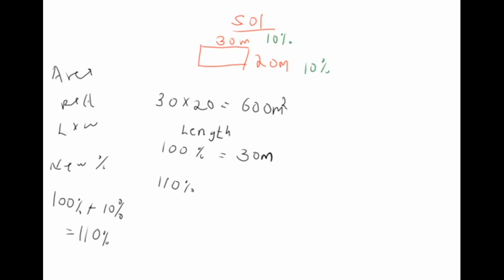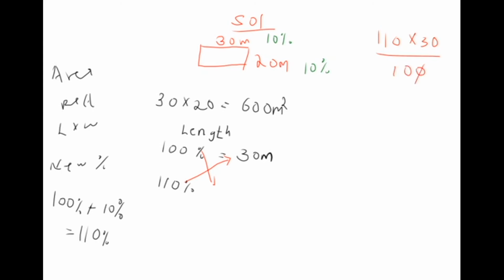From there, we cross multiply. We shall have 110 times 30 over 100.